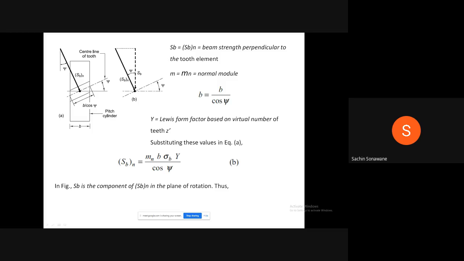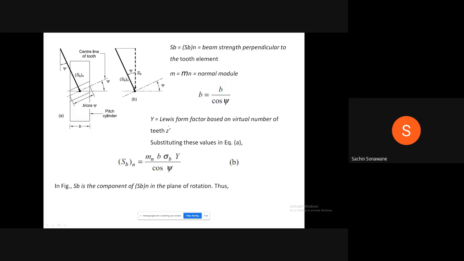SBN is equal to MNB sigma B into Y divided by cos psi, where Y is the Lewis form factor based on virtual number of teeth Z dash. We have seen that virtual number of teeth Z dash is equal to Z upon cos cube psi. Therefore, in case of helical gear, Lewis form factor is based on virtual number of teeth Z dash.